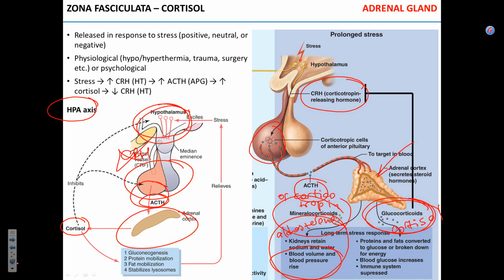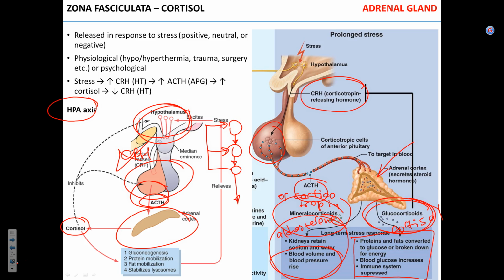Does that make sense? It's all the same concept. All those axes look this way, right? The only thing that we didn't discuss are the effects of cortisol. So what does it do?